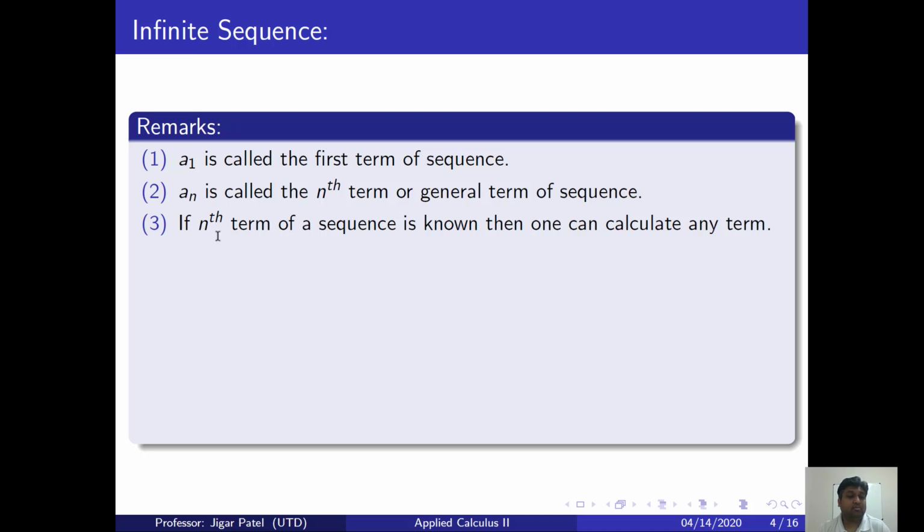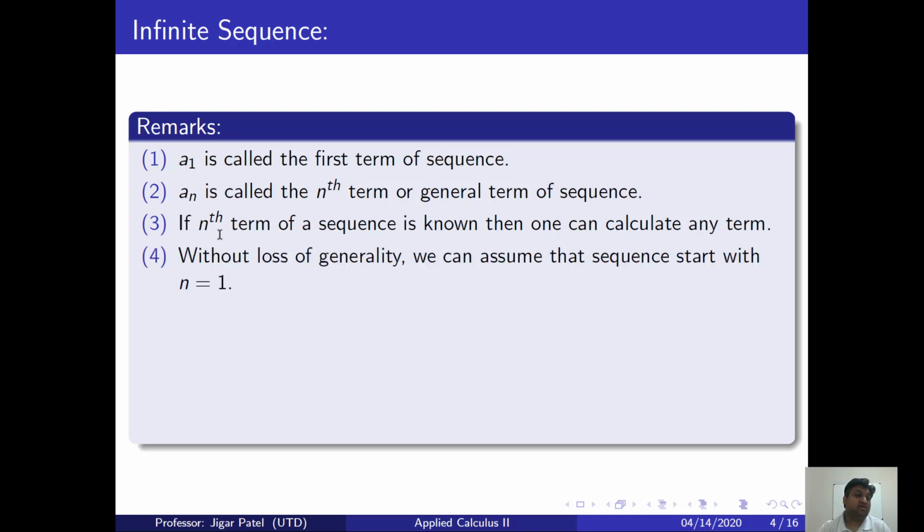If I need to compute the 50th term, I would substitute n equal to 50. So it's that simple. Now, as I mentioned, if nothing is given, we will assume that our sequence starts with index n equal to 1. So that is our fourth remark.